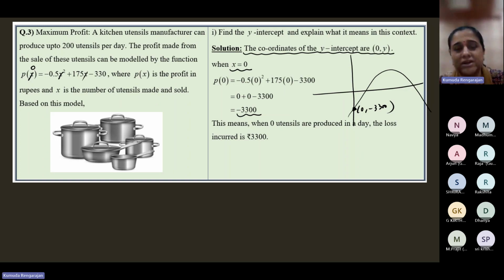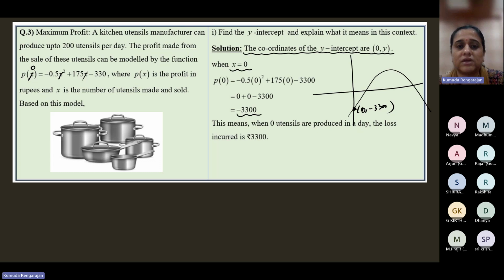On the positive side of the y-axis, it's the profit. On the negative side of the y-axis, it's loss. The x-coordinate represents how many utensils are made and sold. The y-coordinate represents the profit or loss made. It's a profit if the y-coordinate is positive, and a loss when it is negative.